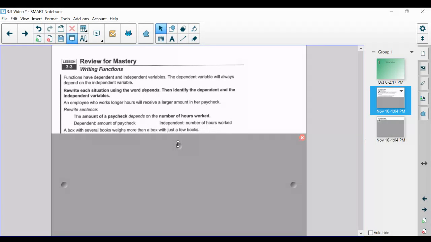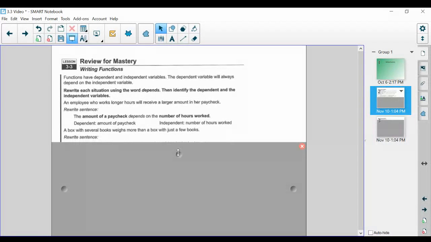Another example is a box with several books weighs more than a box with just a few books. So the difference between it is the weight of those boxes. And we ask ourselves, well, okay, what makes the weight of the boxes different? Well, the number of books that are inside of it changes the weight of those boxes. So we can rewrite it by saying the weight of the box depends on the number of books that are in that box.